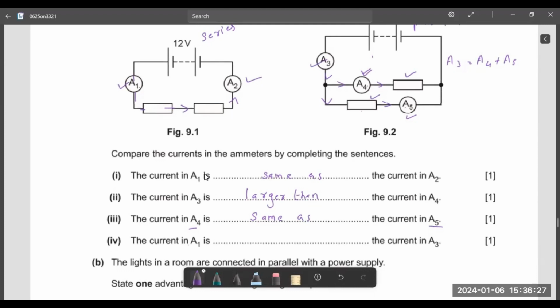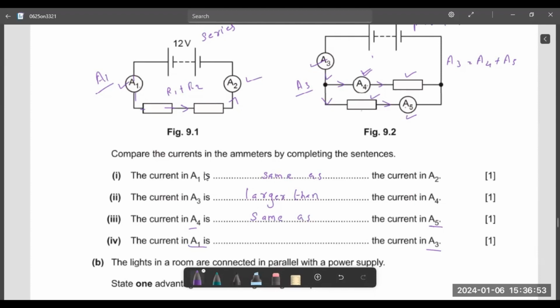Next, about A1 and A3. A1 is the current in this series network and A3 is for the second network. We know the resistor values are always the same. Here the resistors are connected in series, so the equivalent resistance will be R1 plus R2. And here both resistors are connected in parallel.